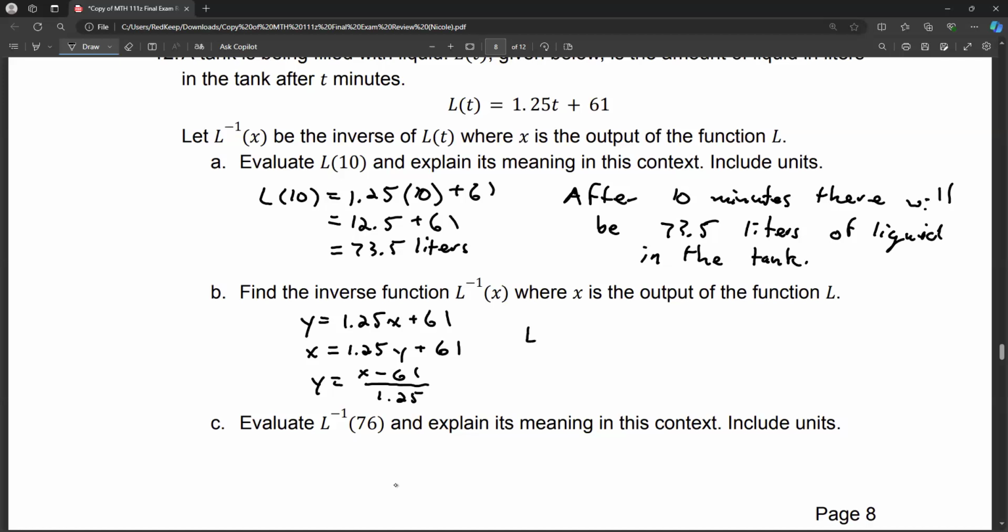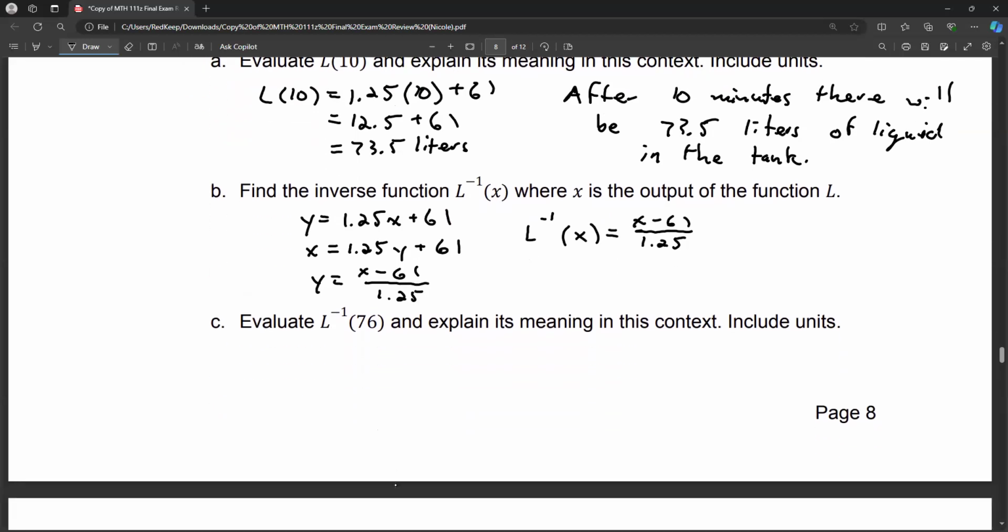So we can write L inverse. And this is why I was suggesting x be changed from t. This is equal to x minus 61 divided by 1.25. I dropped my 1 there. Perfect. That's the inverse, where x is the output of the original function L.